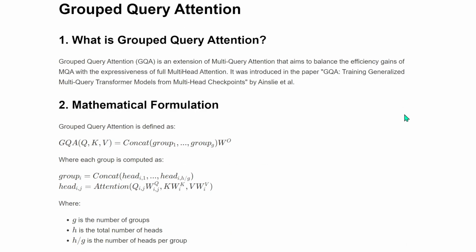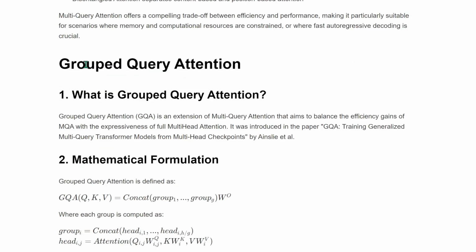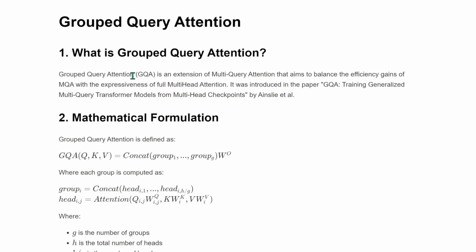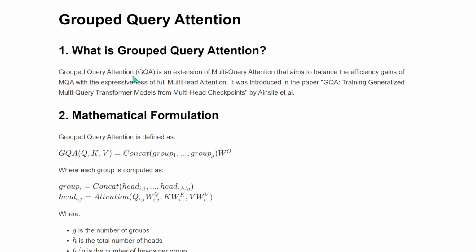Now, coming on to group query. You see, why group query came into the picture was multi-query and multi-head seemed like both extremes. Okay, one was focusing only on memory related performance and inference related performance, and the other one was more like, okay, I'll focus on accuracy. So there came a method known as GQA, training generalized multi-query transformer models.